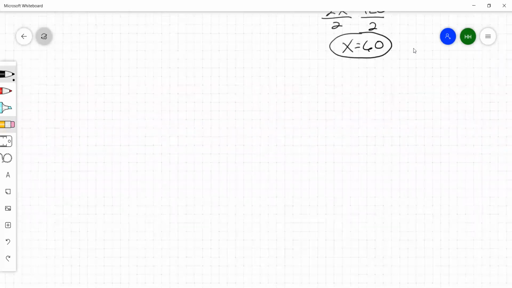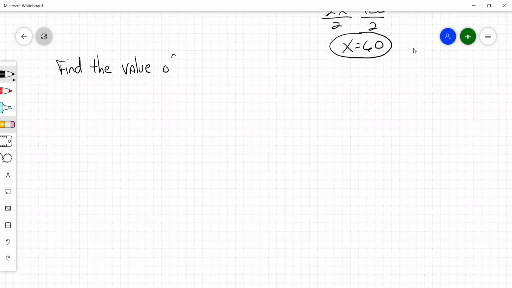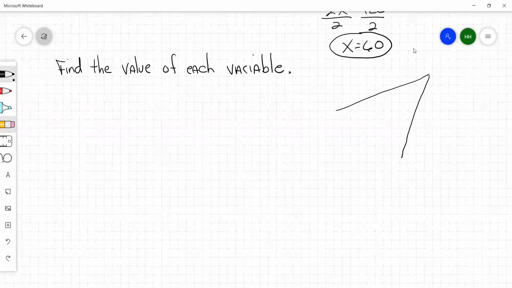All right, so let's try to find the value of each variable here. And here's our triangle, triangle ABC.